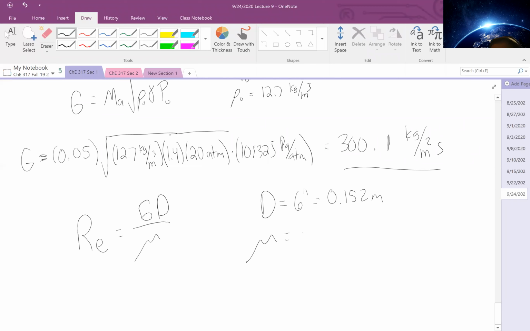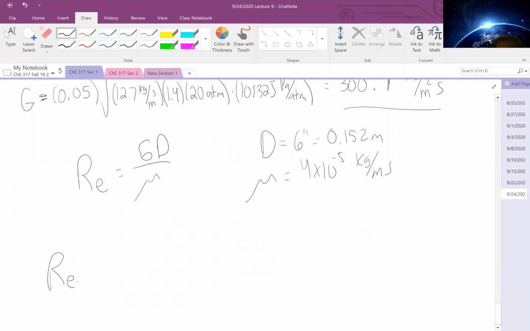We'll say viscosity. We're looking at air, which is fairly low. We'll say the viscosity is really low, or about 0.04 centipoise, or 4 times 10 to the negative 5th kilograms per meter second.